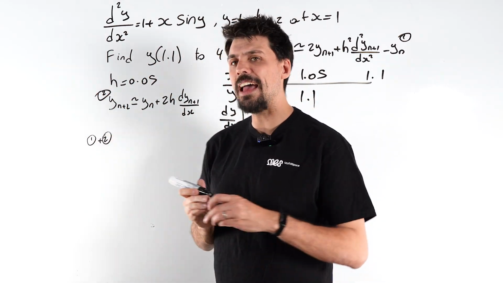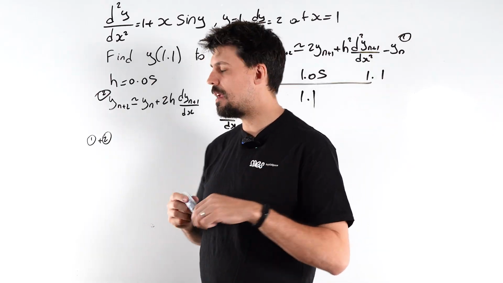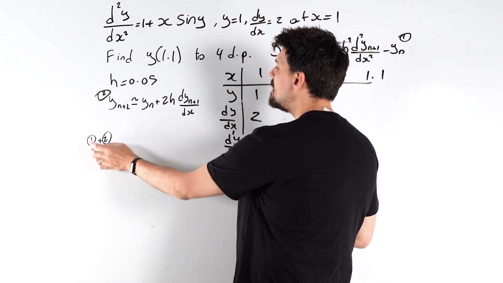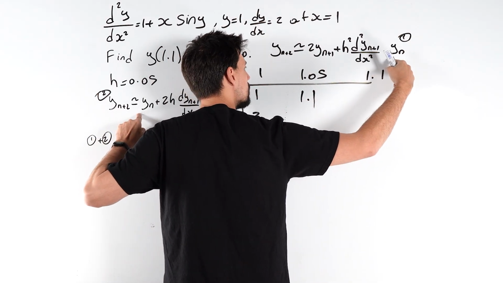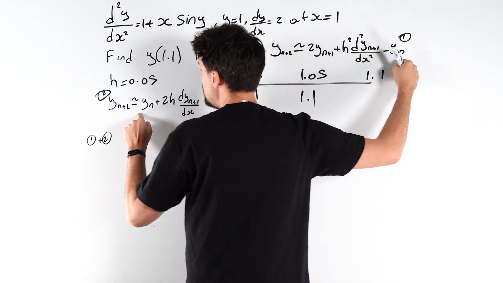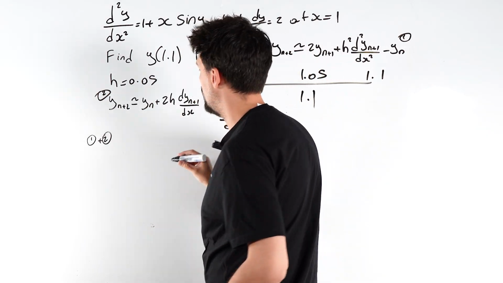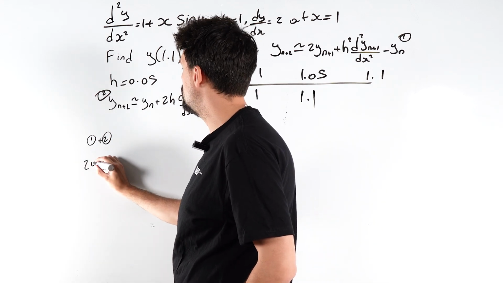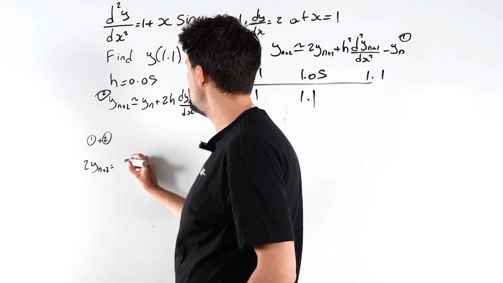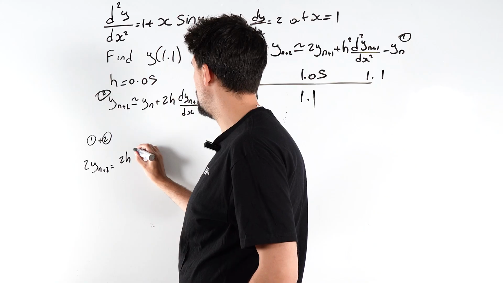What happens if I add them? If I add these two things, minus yn plus yn, they go bye-byes. So I get 2 times yn plus 2 is equal to 2h.